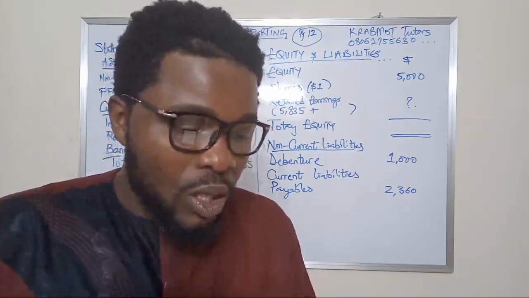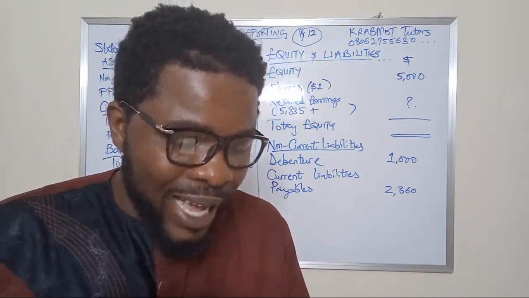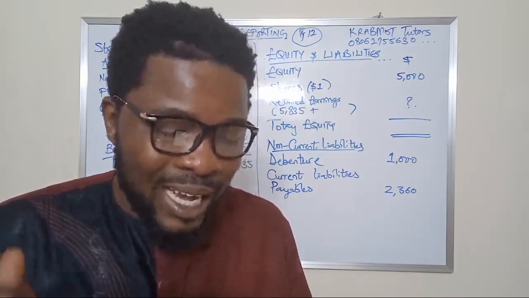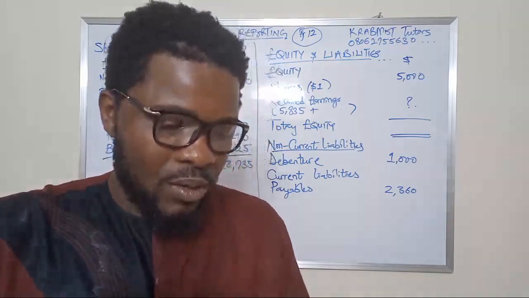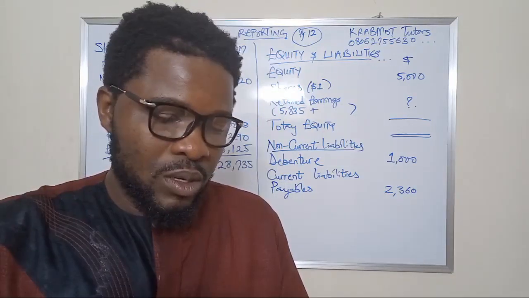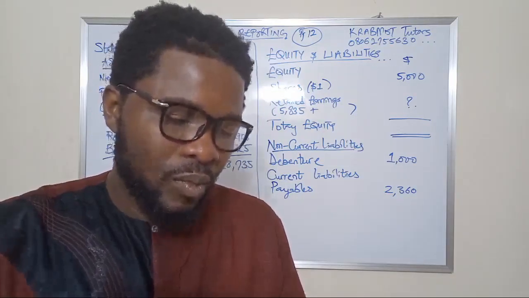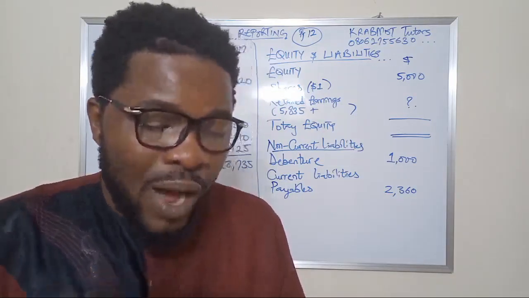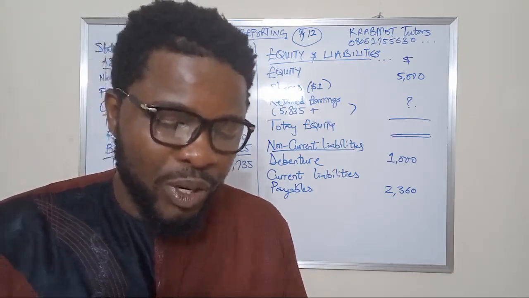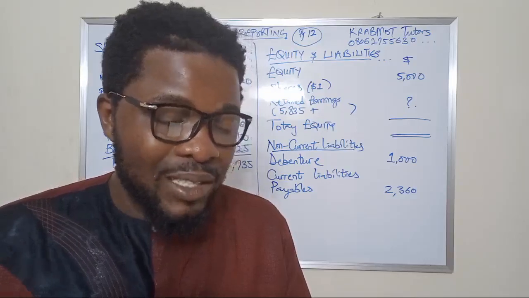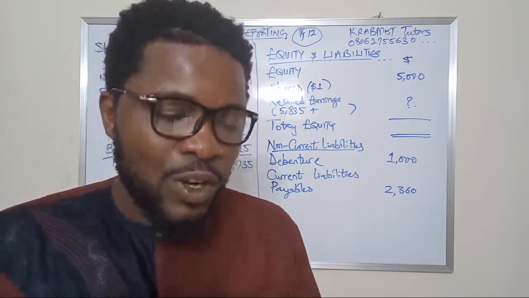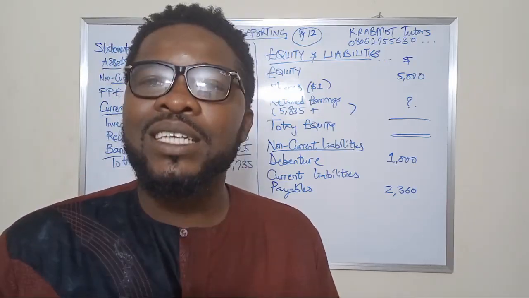Note 4 says the balance of tax on the tax account represents the over or under provision for the prior year. An estimate of 1,500 has been made for the tax payable at the year end.